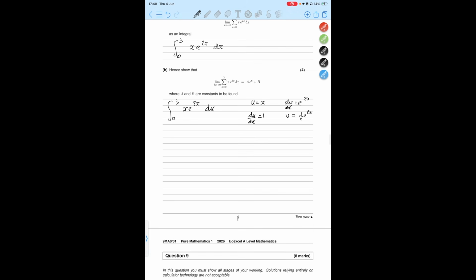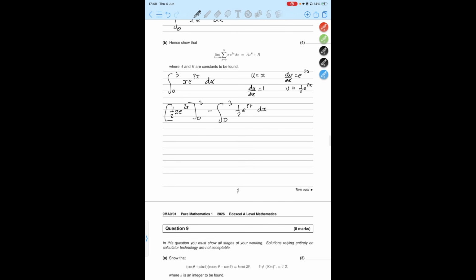Okay, so let's write this out now. We're going to do uv, so half x e to the 2x, between 0 and 3. And now we're going to subtract the integral of half e to the 2x with respect to dx. I am going to simplify the left-hand side now so I can mix it in with the rest of my working.